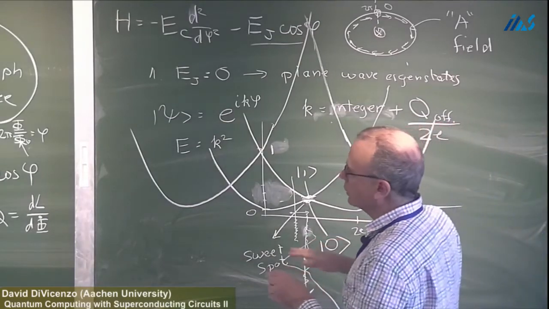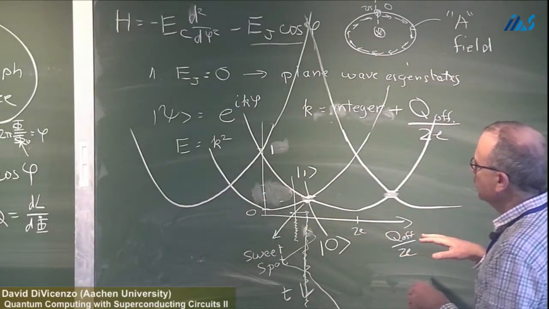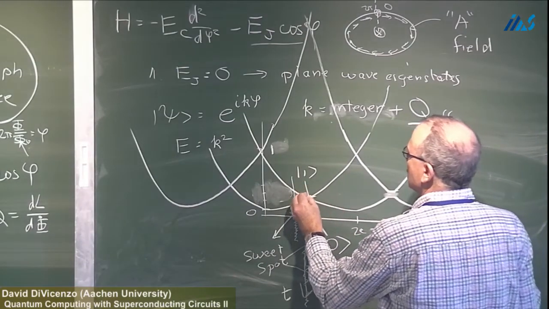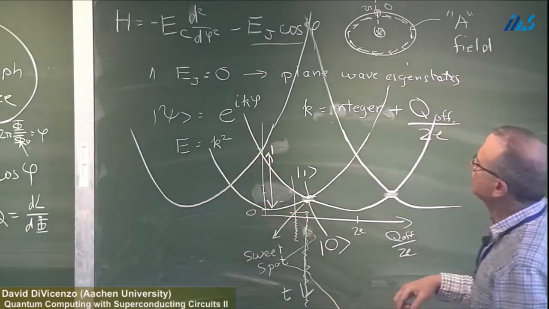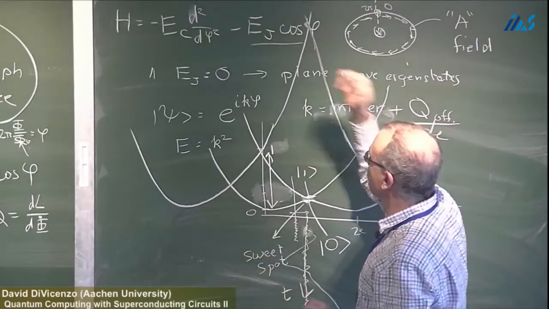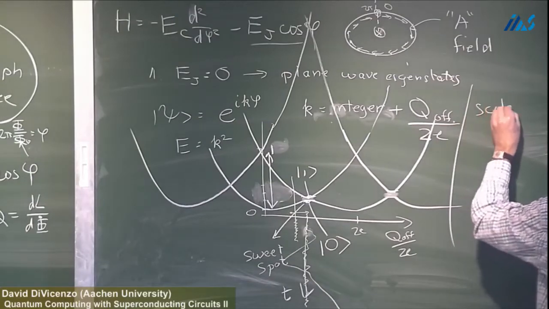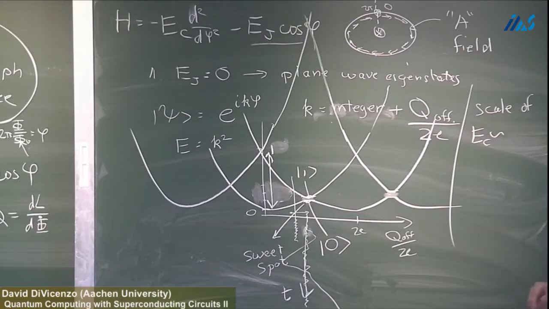But that's where the energy scales come in, which I have not stated. It turns out the energy scales are such that this scale, which is the scale of EC, I want to state in units of Hertz, and that is quite important, because that's the way the experimentalists think about it.